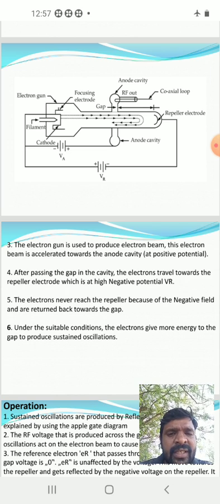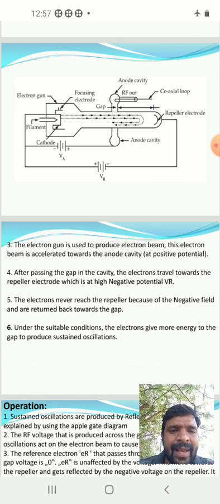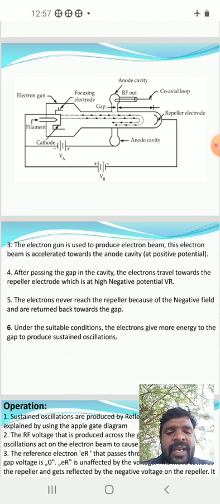In that situation, some of the electrons lose their energy and some of the electrons gain energy. So electron bunching takes place. Here sustained oscillations exist by the energy gaining or displacement.